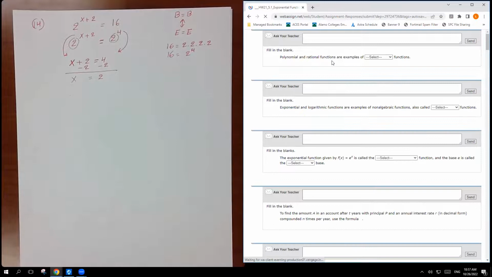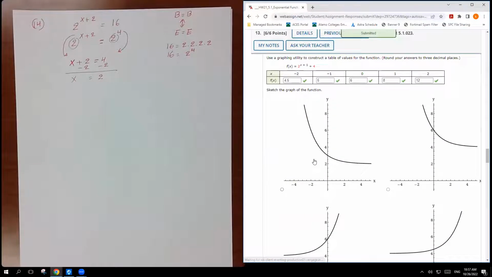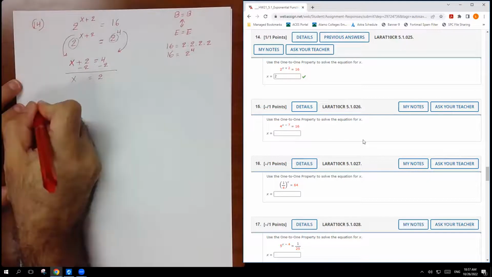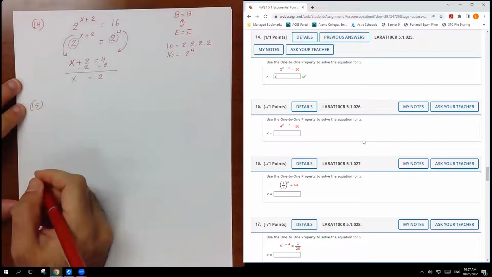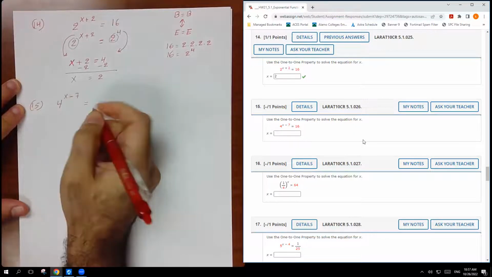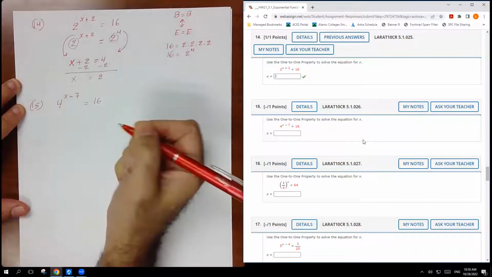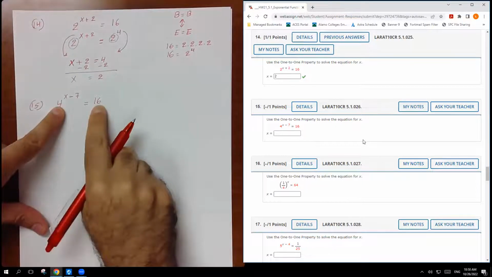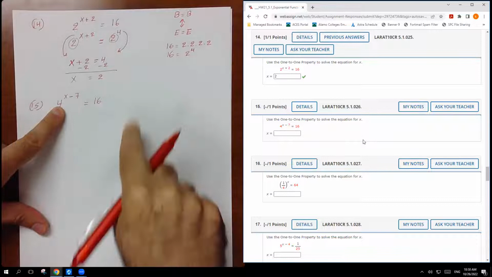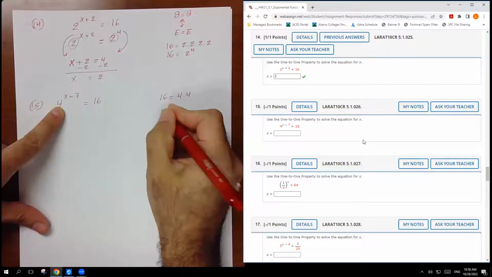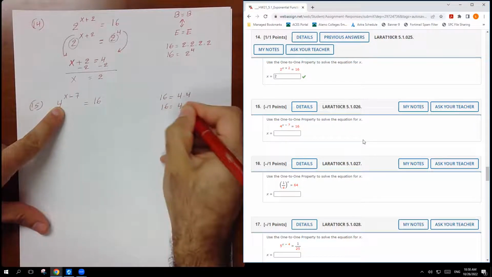The same thing with example 15. We have 4 to the power x minus 7 equal 16. I'm going to do exactly the same thing, but if you look here, the base is 4. Can I write down the 16 as 4 to the exponent? So if you look, 16 equal 4 times 4. Then I'm going to write down 16 as 4 squared.